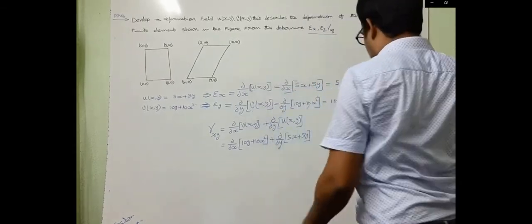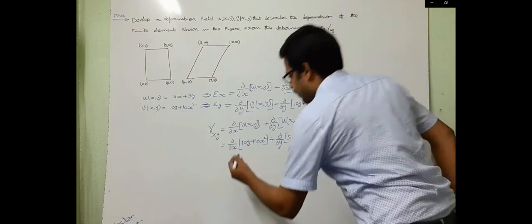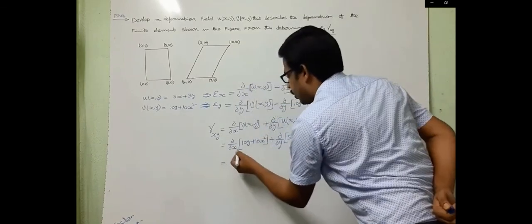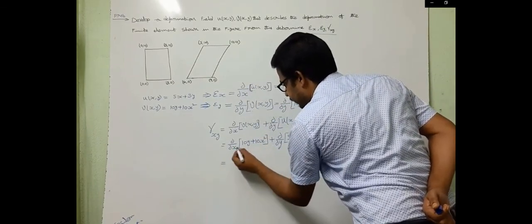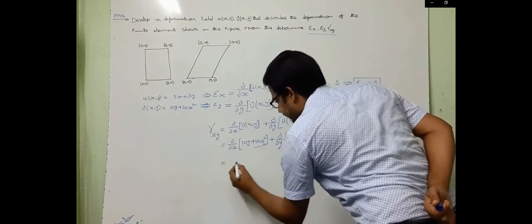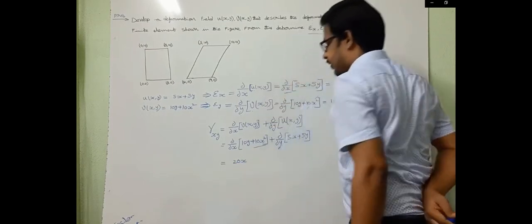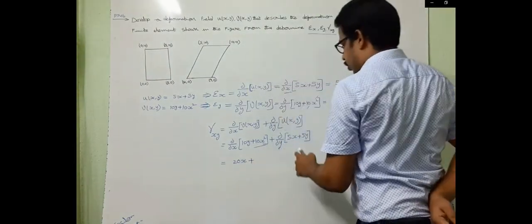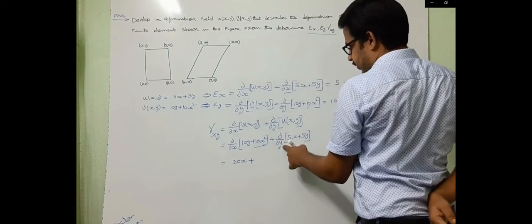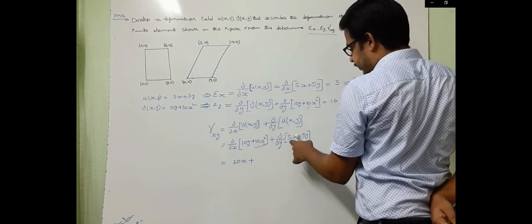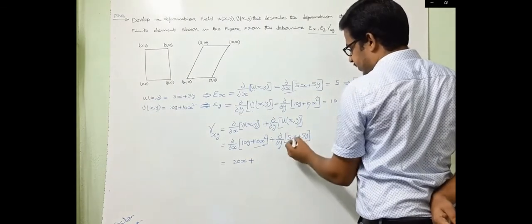So here dou by dou x of 10 into x square is equal to 20 into x, plus dou by dou y of 5x plus 5y.